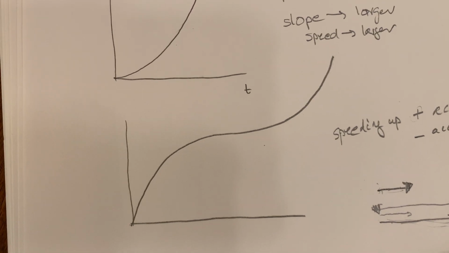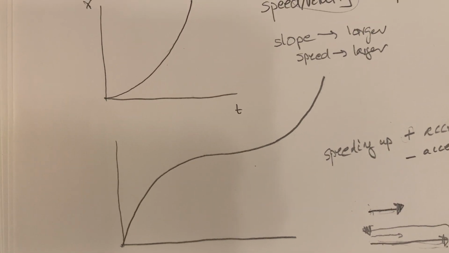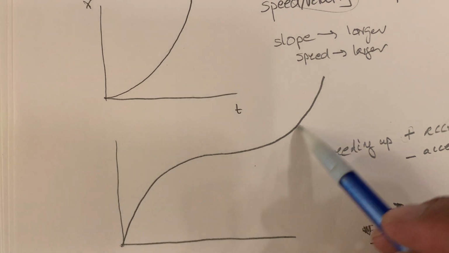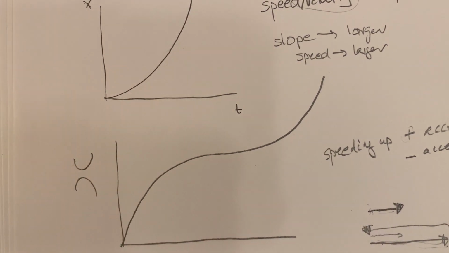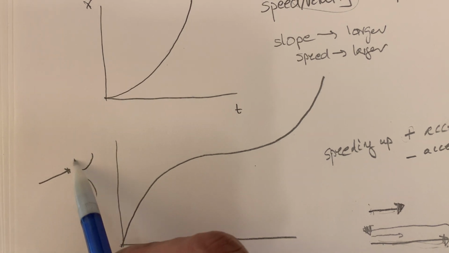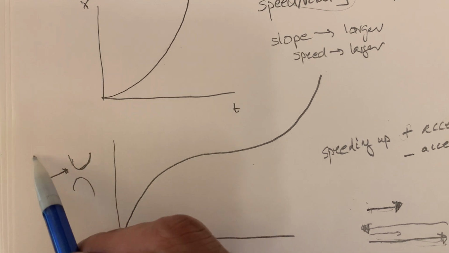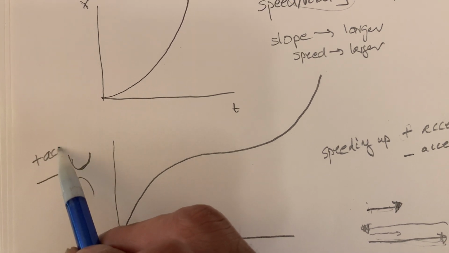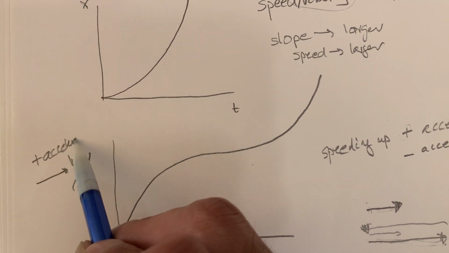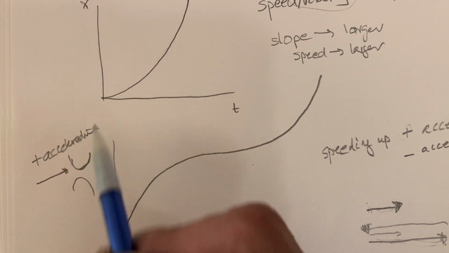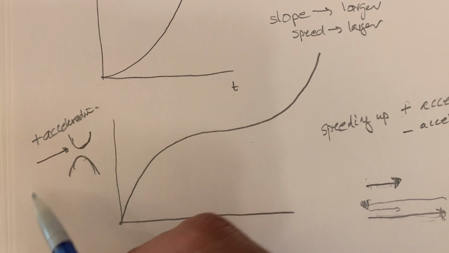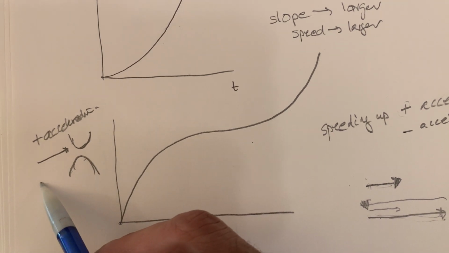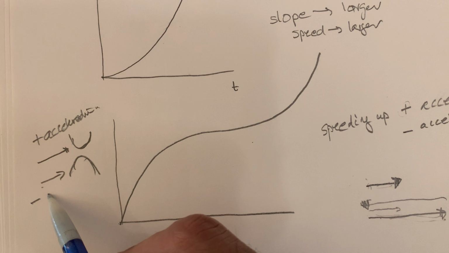And so here's a really cool trick. Every kind of curve is either a part of a smiley face or a frowny face. Okay? Wherever you see a smiley face, we have positive acceleration. Again, that means acceleration is in the positive direction. And whenever you see this, then that's negative acceleration.